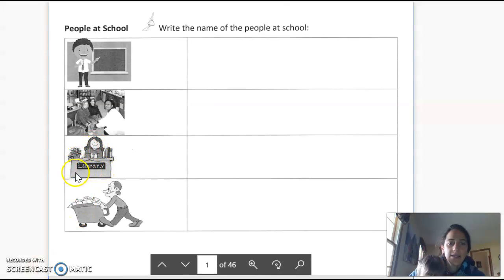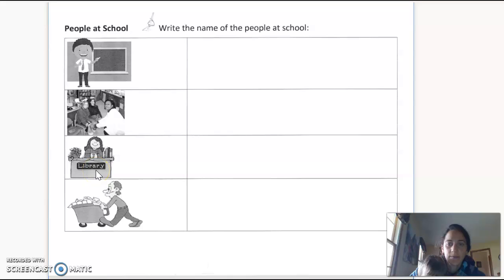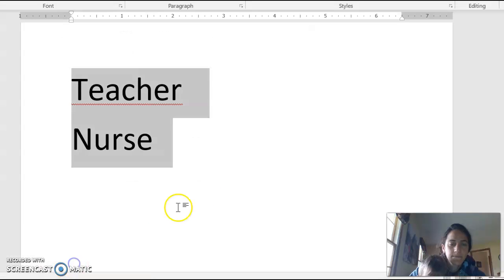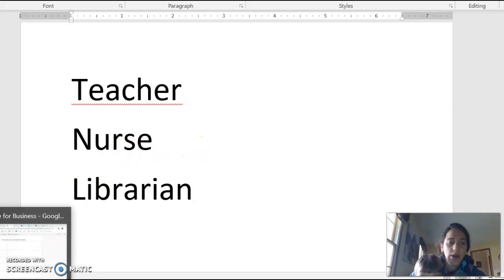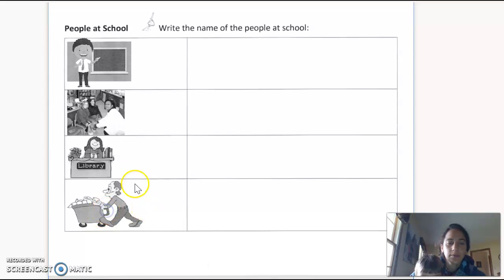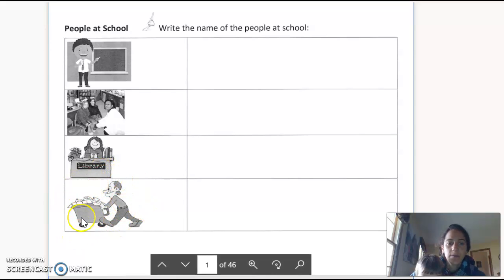Now here it says library. The person who works in the library is called a librarian. Let's write librarian. At our school, at Tubman, the librarian is Miss Wagner. Miss Wagner is the librarian. And here is a picture of a custodian.